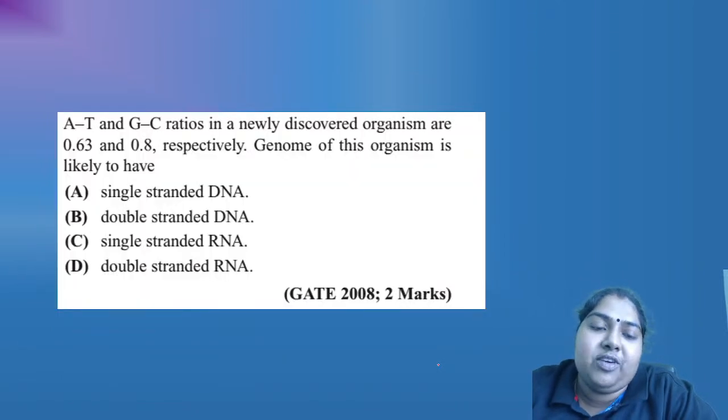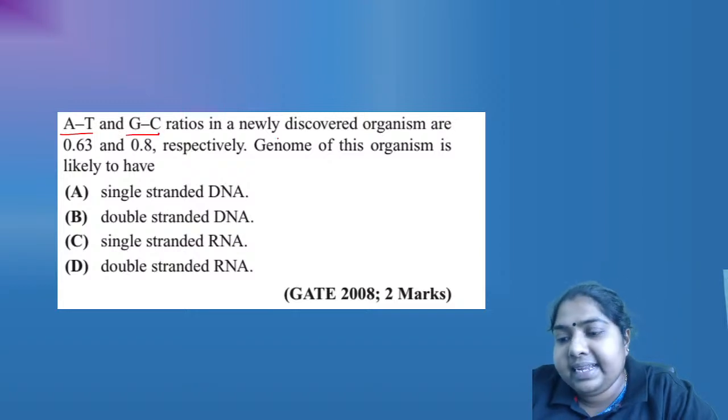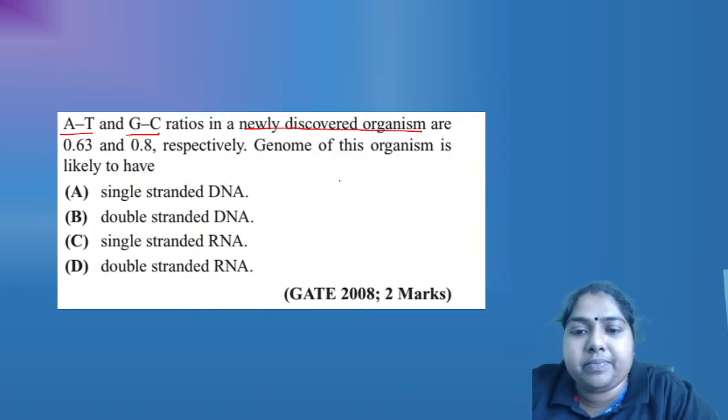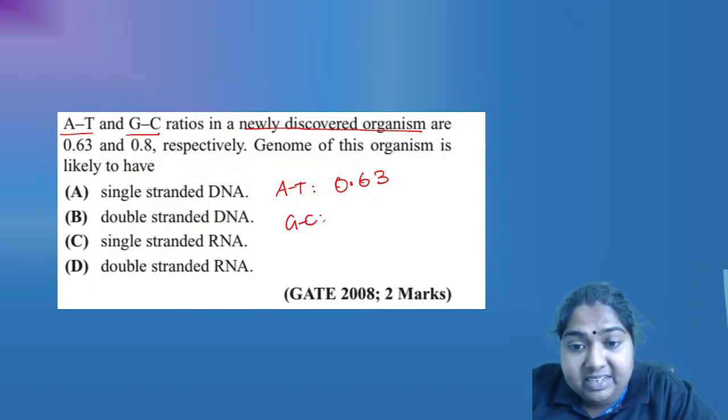Very good. Fine. So this AT and GC ratio in a newly discovered organism is going to be 0.63. Okay, so this AT is going to be 0.63, and GC is going to be 0.8.